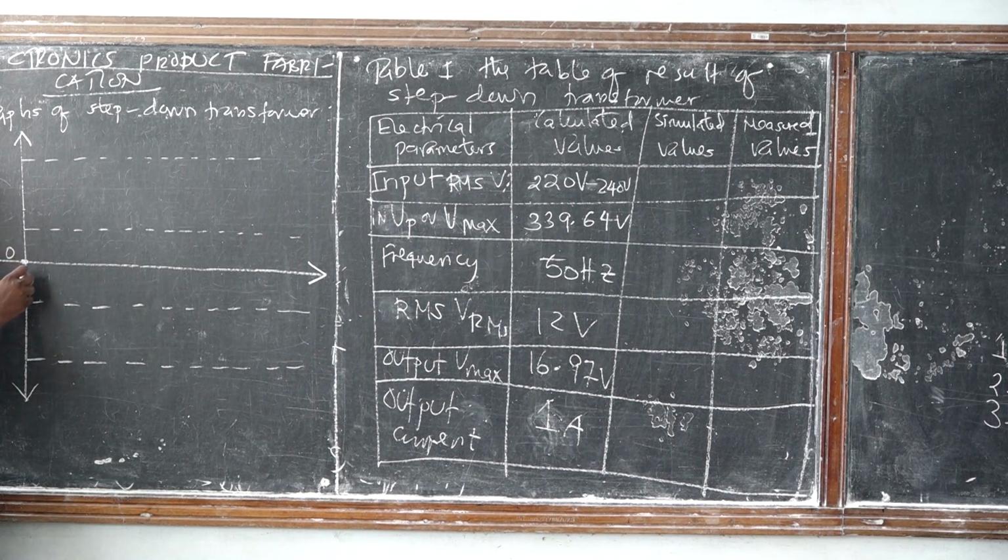So this is 0. This is V peak at input. This is negative V peak at output. V peak. So this is root mean square voltage, and this is root mean square voltage, negative and positive. So this is sinusoidal.